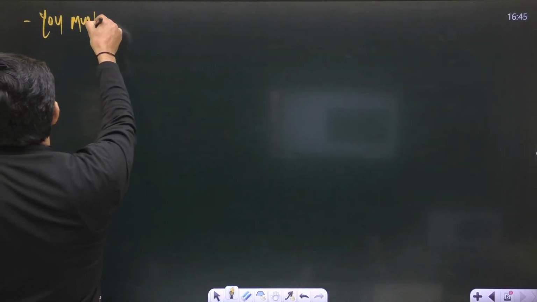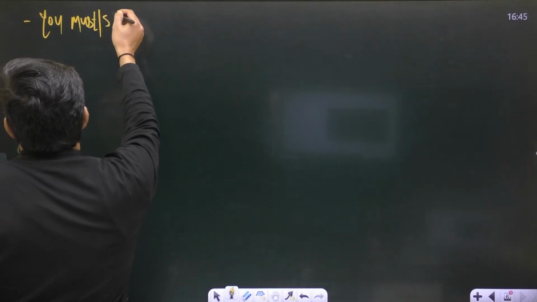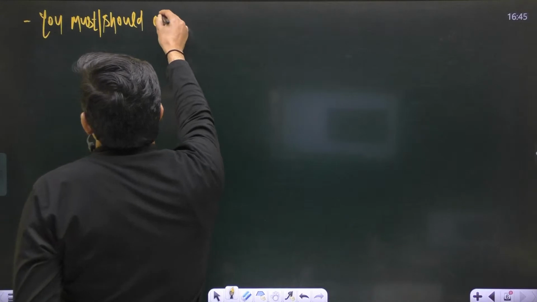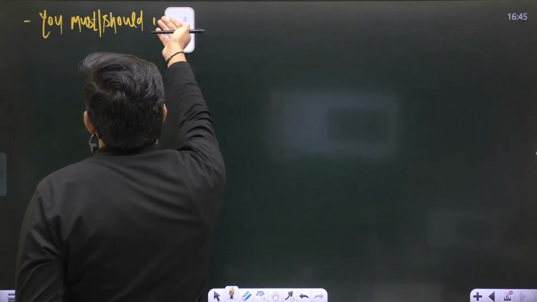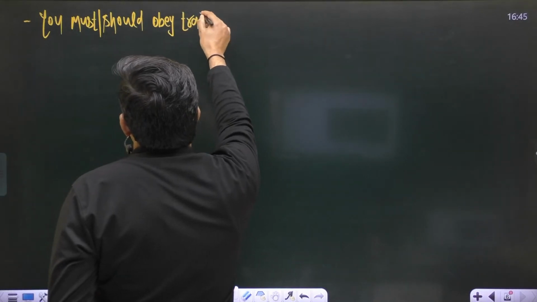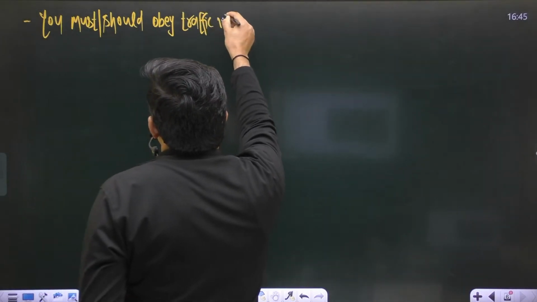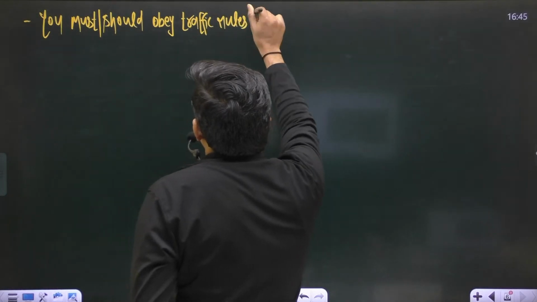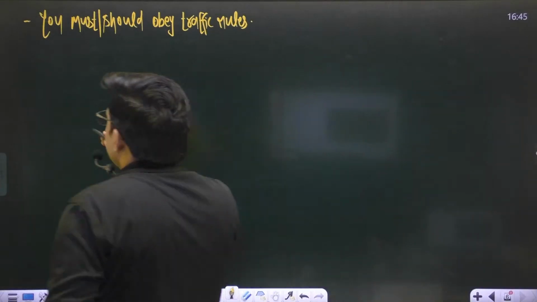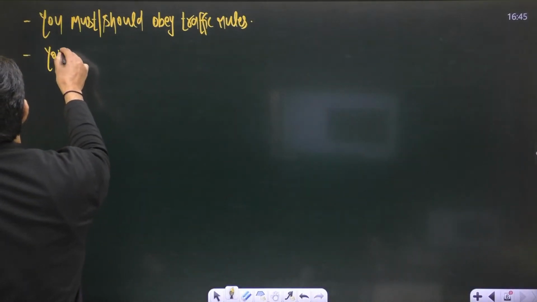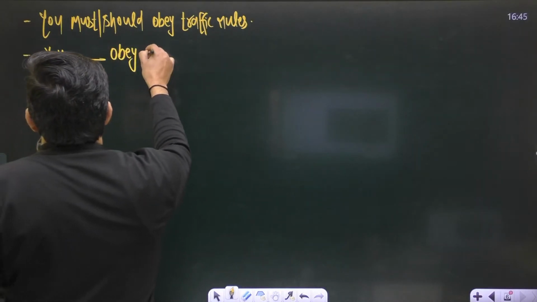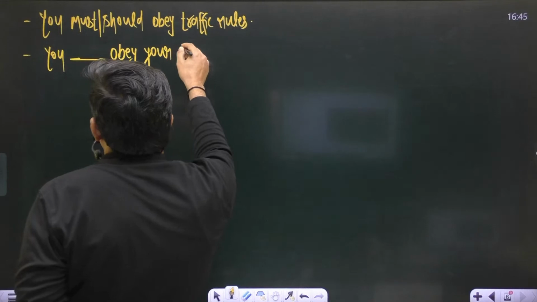The first sentence is: you must or should obey traffic rules. And the next sentence you have: you blank obey your parents.